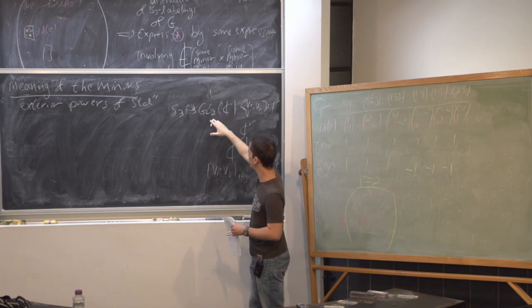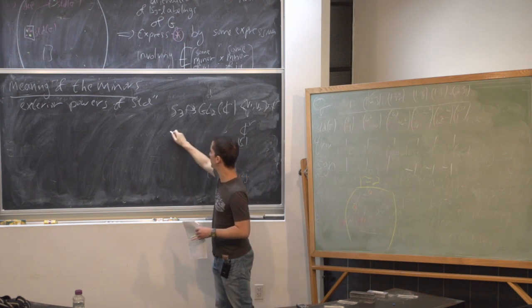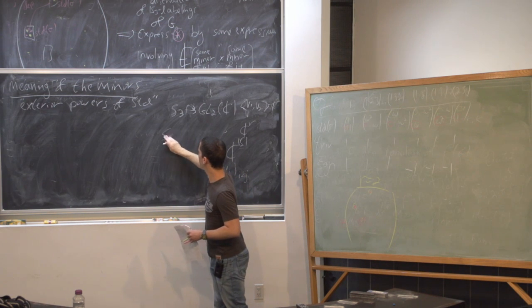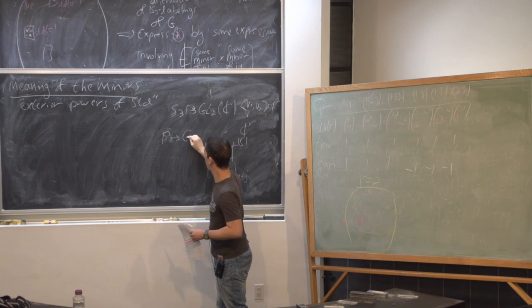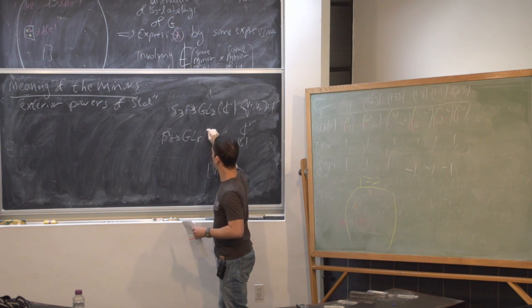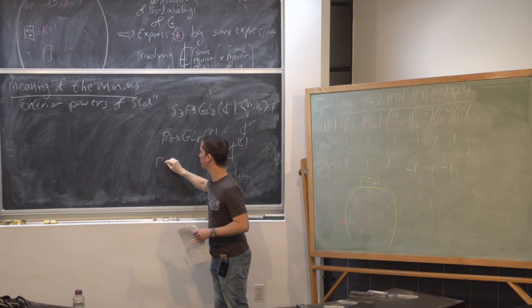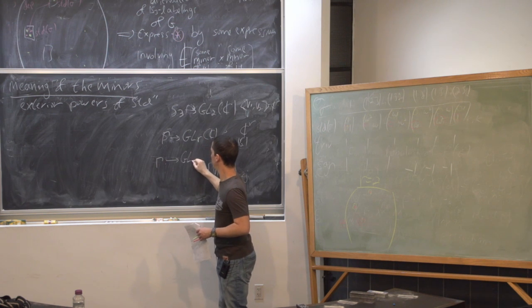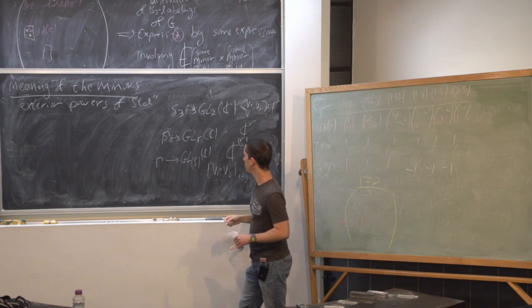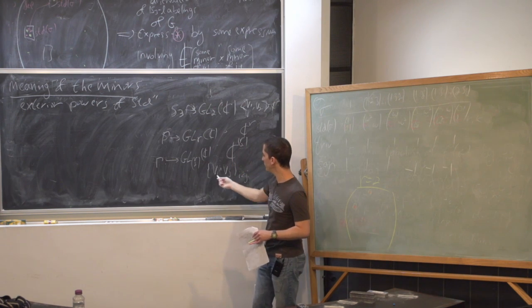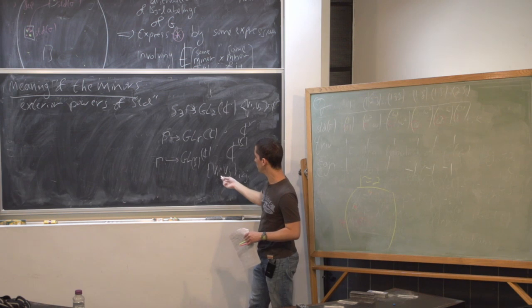And the action, I can define this in general: if I have a homomorphism from gamma to GL R C, I can get a representation from gamma to GL R over 2 C. And what does it do for this basis element?